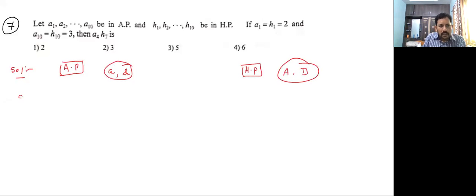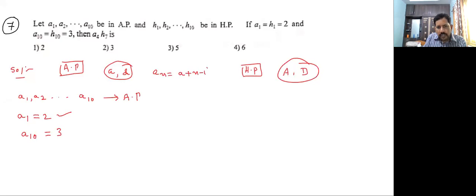Now see here, A1, A2 and so on up to A10 are in AP series. What is the A1 value? A1 is 2, given. This is the first term. And A10 is given as 3. What is the formula for the nth term in AP series? An equals a plus (n minus 1) into d.